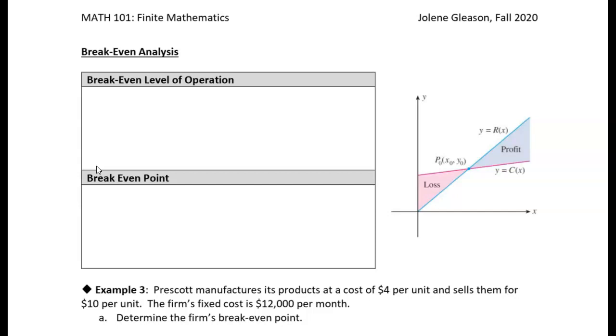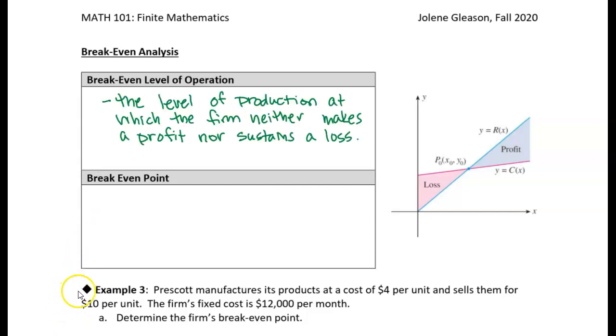If you operate above that break-even point, producing more or selling more, you operate at a profit. If you're below that break-even level, then you're going to operate at a loss. And the point at which those two lines cross is the break-even point.